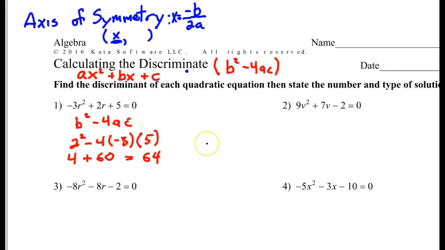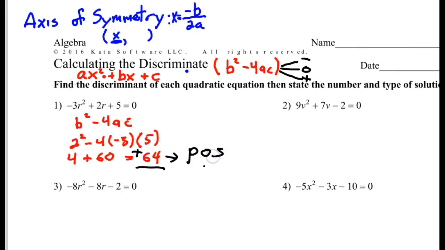So big idea here, picking up where we left off, is that we really don't care too much that the answer is 64. Not a big deal. It's whether the answer is negative, 0, or positive that's important. So the 64 doesn't mean a whole lot. It's the fact that it's positive 64.